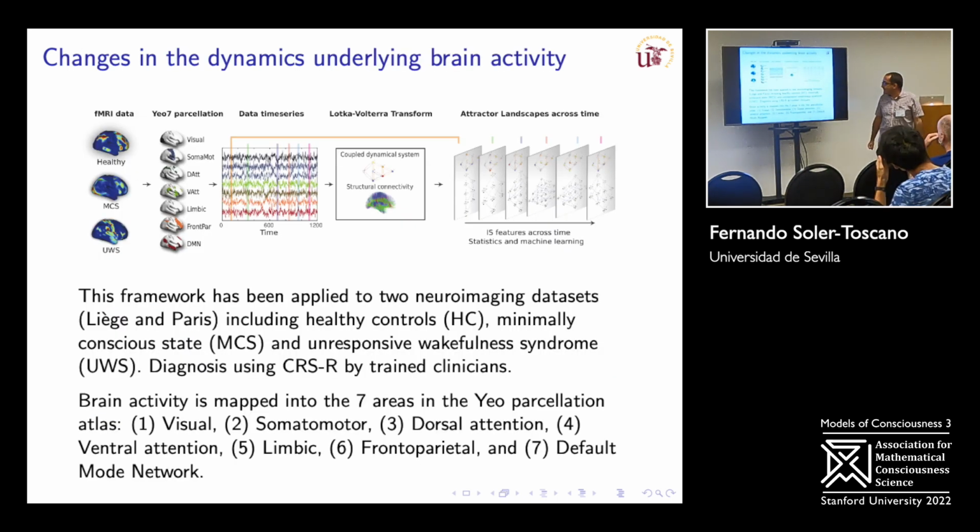What have we done? We have data from healthy controls, but also patients from Liège and Paris. We have two different data sets obtained by neuroimaging, fMRI, and the brain activity is mapped in the 7 brain networks of the Yeo parcellation.